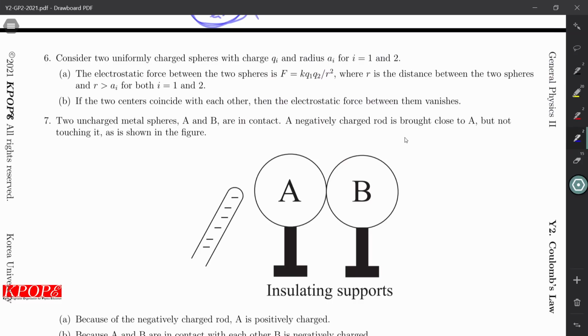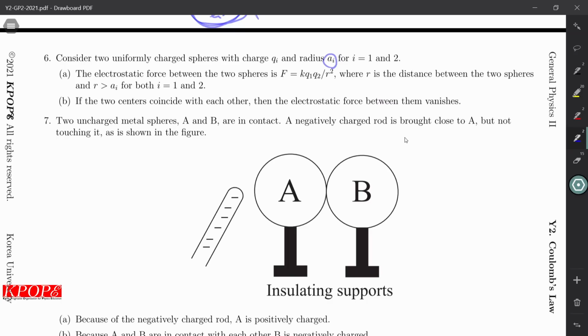Okay, let us consider problem 6. Consider two uniformly charged spheres with charges Q1 and Q2 of radii a1 and a2. So they have different radii.